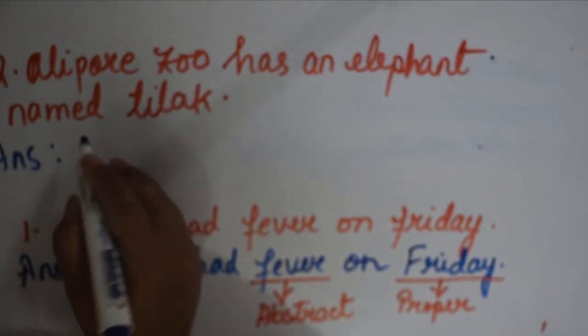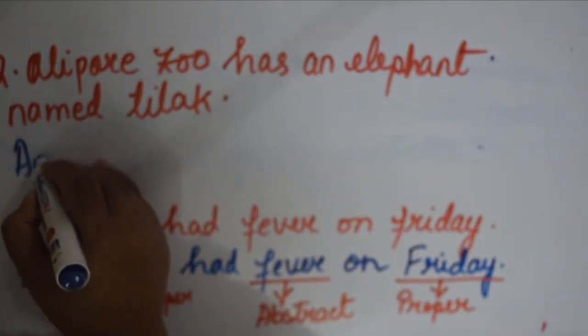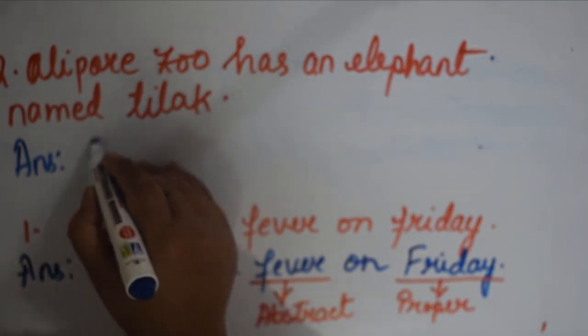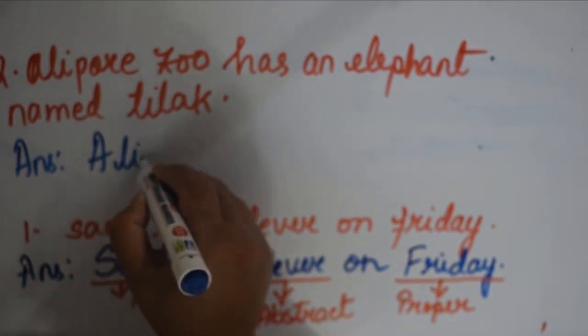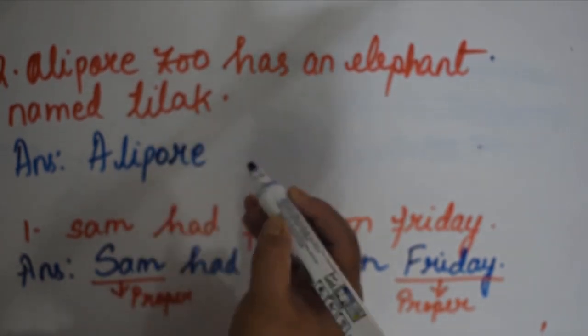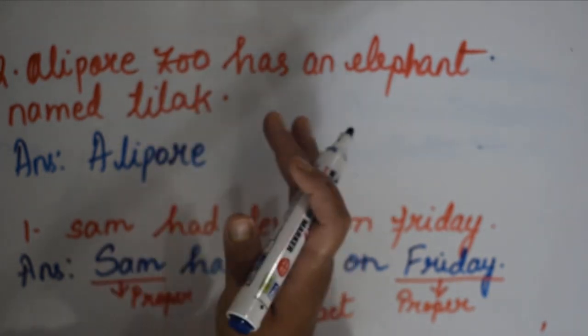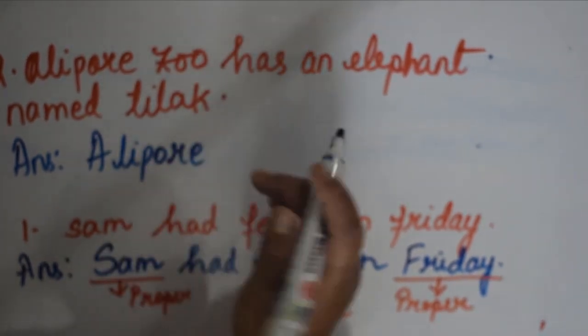They may just identify Alipur because it's the name of a place, and write zoo with a small z.